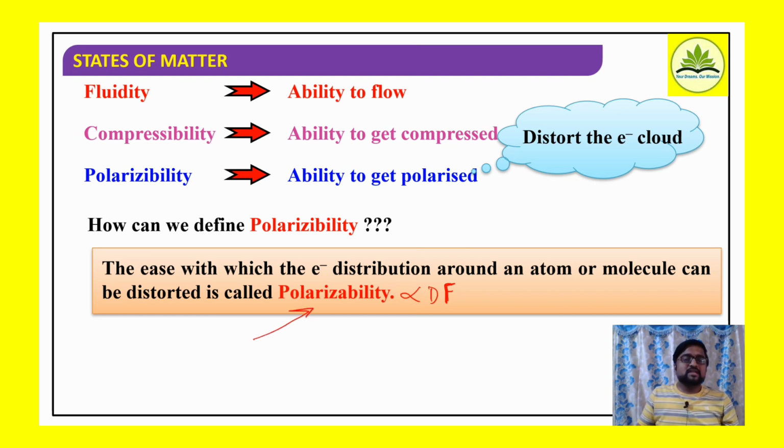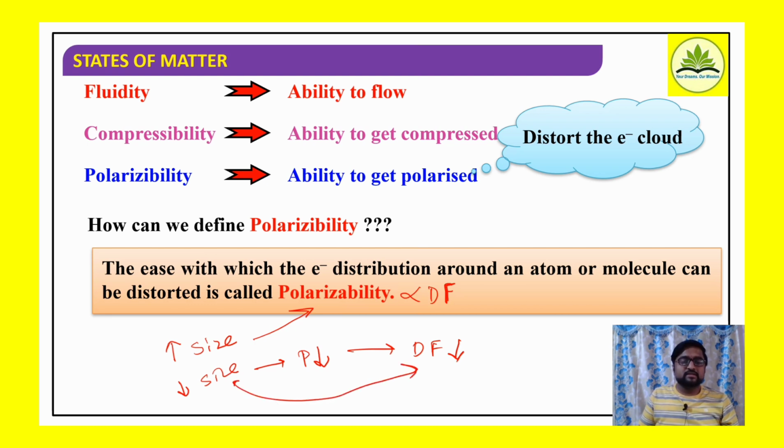So this polarizability depends on what? It depends on the size. If size increases, the attraction is less, hence polarizability increases, so dispersion force also increases. If size decreases, polarizability also decreases, and in turn dispersion force also decreases. Therefore, how can we relate size and dispersion force? Both are directly proportional.